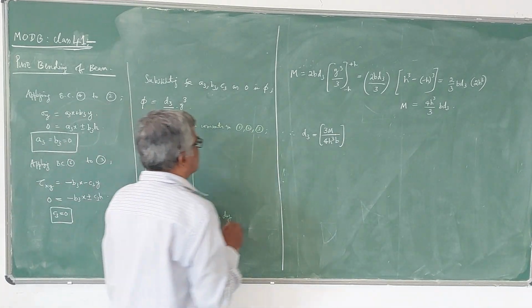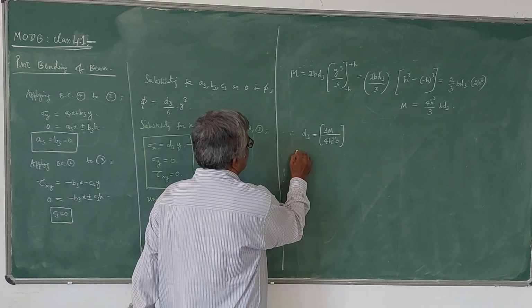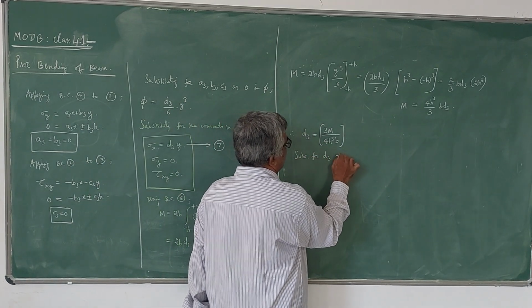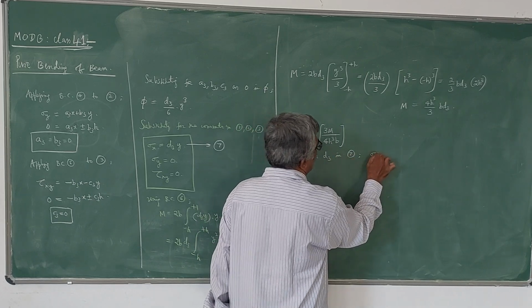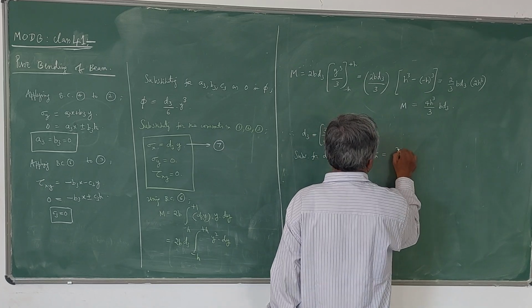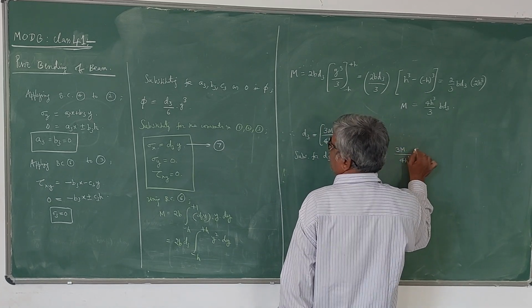Now we will substitute this d3 in the sigma x term, equation 7. Substituting for d3 in equation 7, we get sigma x is equal to 3M by 4h cube b into y.